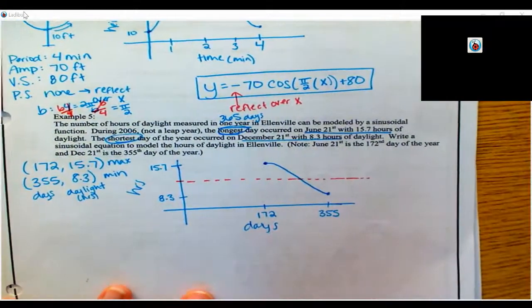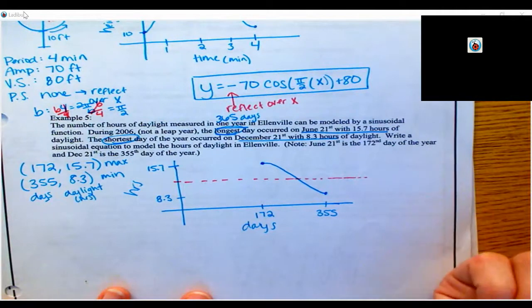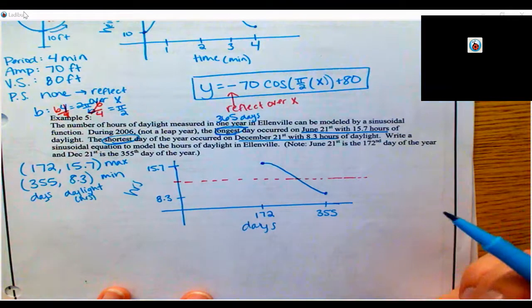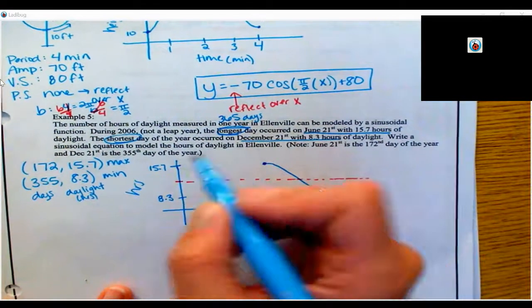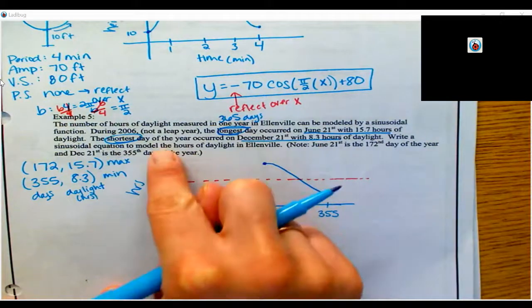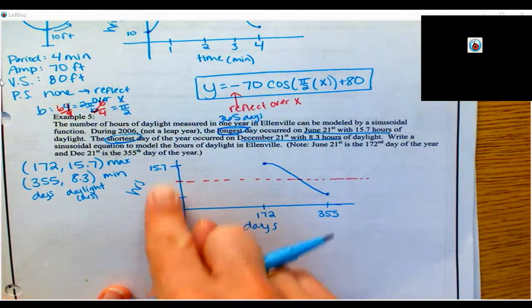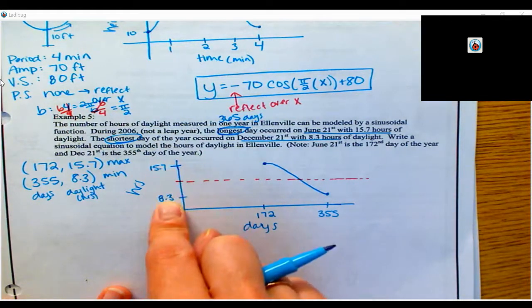Anybody get it? Does anybody know the amplitude? What'd you get, Tucker? 3.7. Yep, you should get 3.7. How'd you get that? Yep, you just take this minus this, that gives you the total distance, and then divide it by 2, which gave you 3.7.